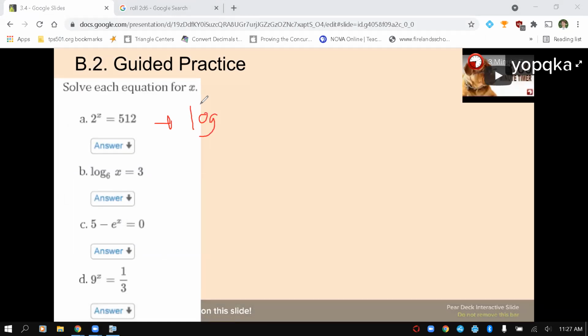Oh, like that? What did you do? You wrote 2 to the x equals. Oh, yeah, that works. That's the one-to-one rule. So you rewrite it as a power of 2 and then they match, right? The x and the 9. Yeah, that totally works. That's not how I was thinking, but yeah, that works. Totally, totally fine.